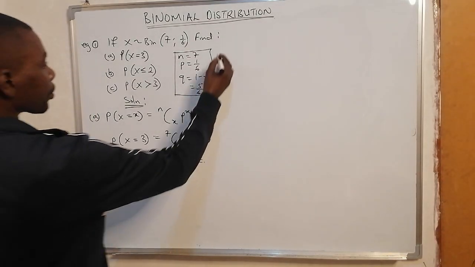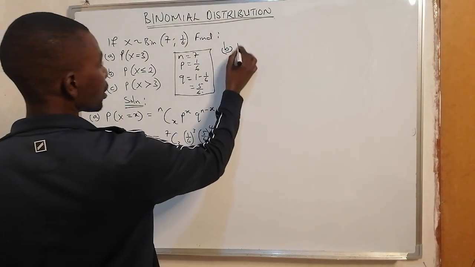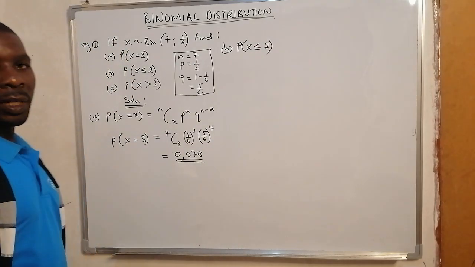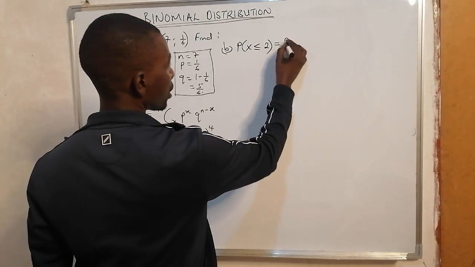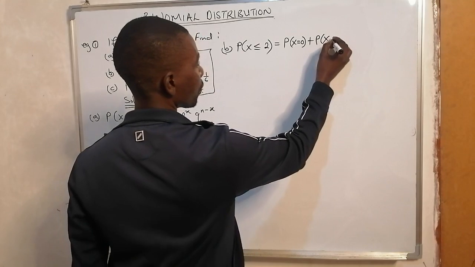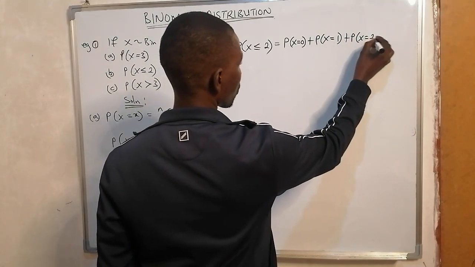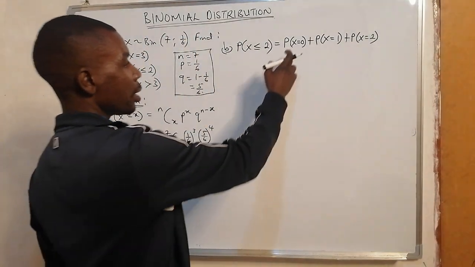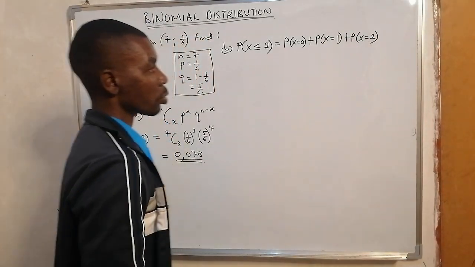Then part B. Part B, we want to find probability of X is less than or equal to 2. Probability of X is less than or equal to 2 is the same as probability of X equals 0 plus probability of X equals 1 plus probability of X equals 2. X less than or equal to 2 is the same as X equals 0 plus X equals 1 plus X equals 2.